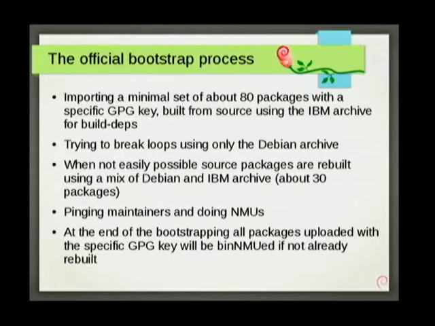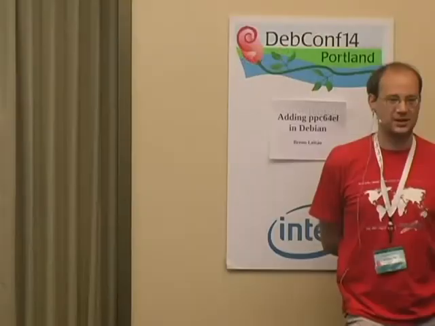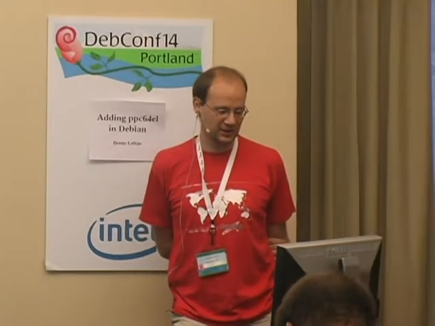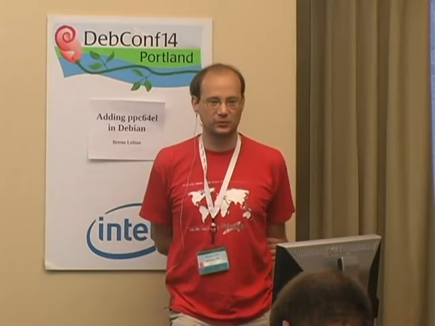Sometimes we have been blocked by packages failing to build, often with patches in the BTS, so we were pinging maintainers, doing NMUs to be able to break these loops. We don't really care when it's a leaf package, so we can wait to do the NMU later, but when it's blocking thousands of packages, we were maybe a bit aggressive.